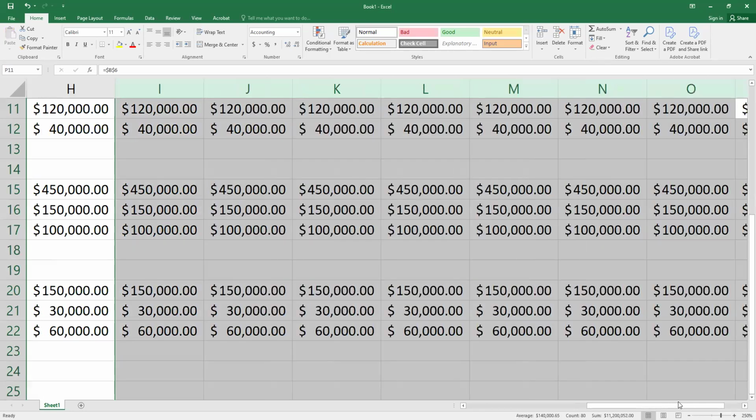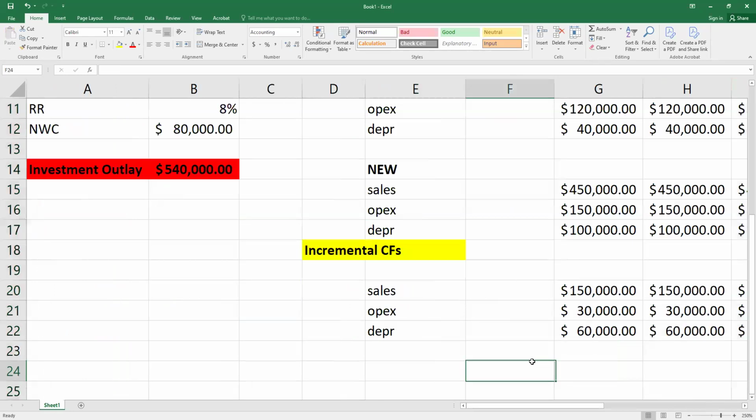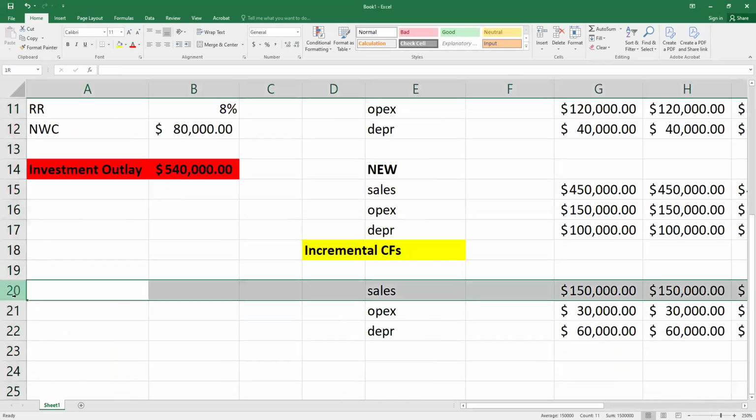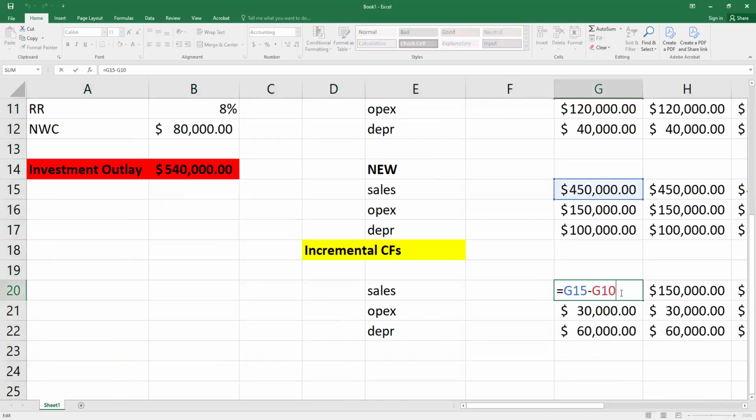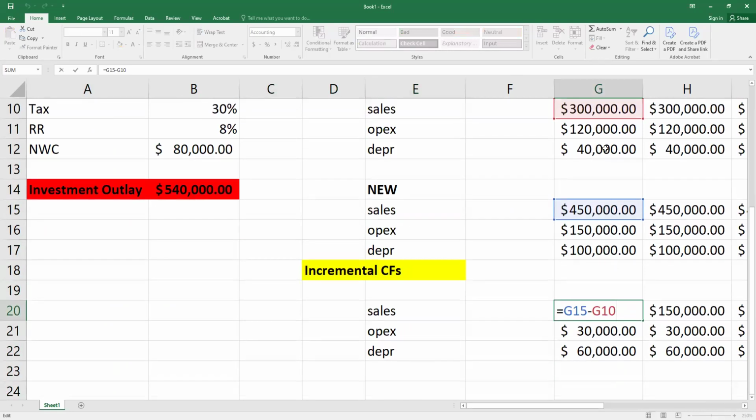New minus old. Like new sales minus old sales. New OPEX minus old OPEX. New depreciation minus old depreciation.